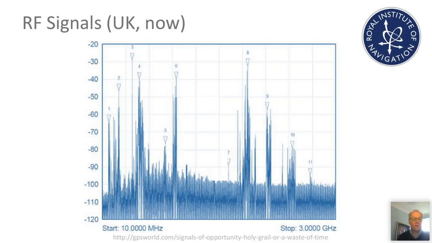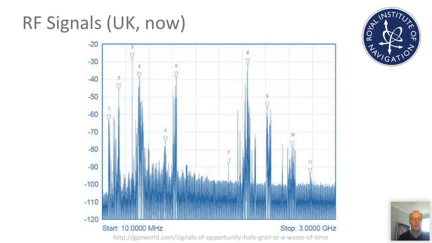Let's just go through some of them briefly. Number 3, which I think is the highest power, that's actually Tetra, which is emergency services radio. Then the next tranche of high power ones are cellular phones. I think number 8 is GSM. Number 6 is GSM. There's some LTE 5G in there as well.